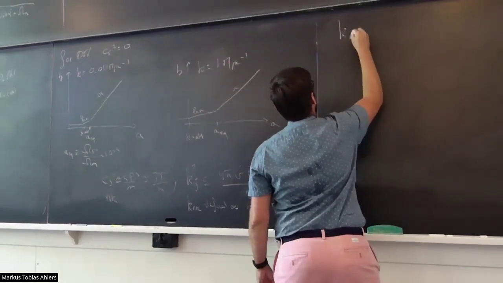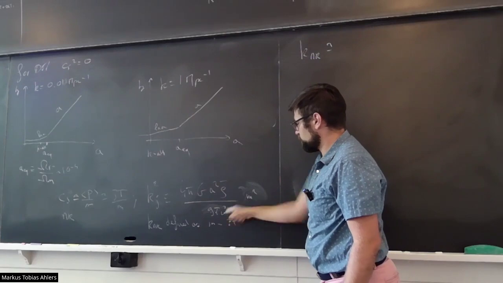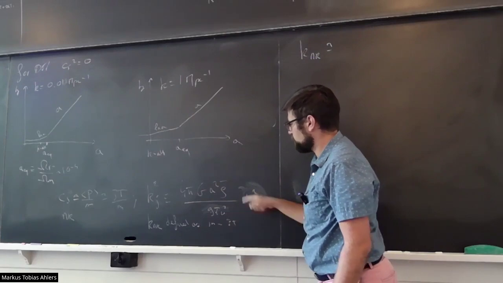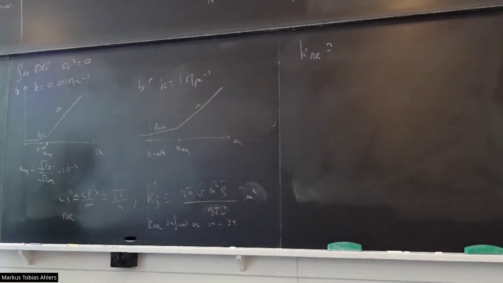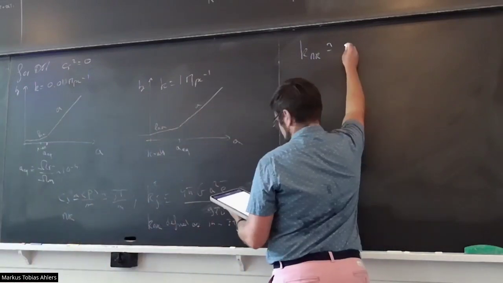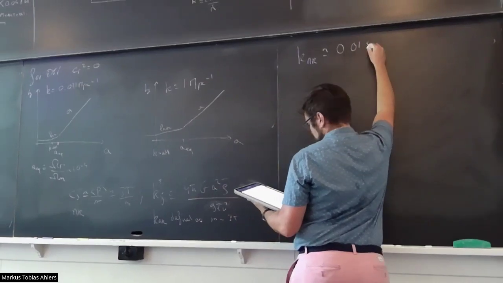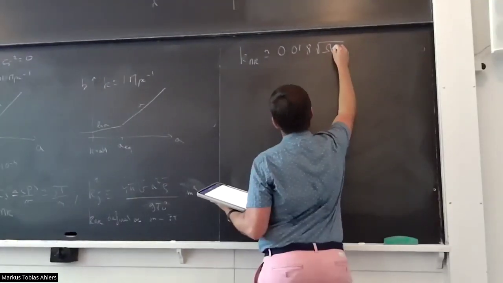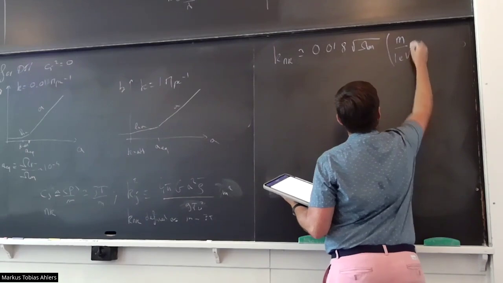So you put that this ratio is of order 1, and you just plug in the expressions for all these terms, and you find numerically that the non-relativistic scale is given by something like this. And you do things a little bit more carefully.